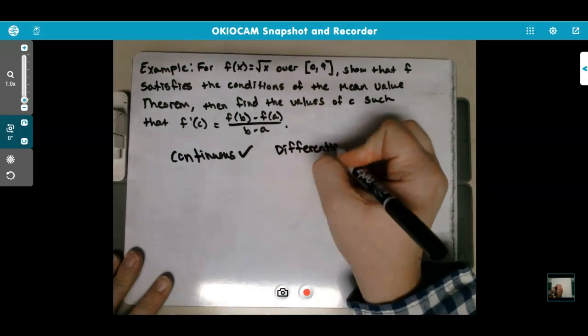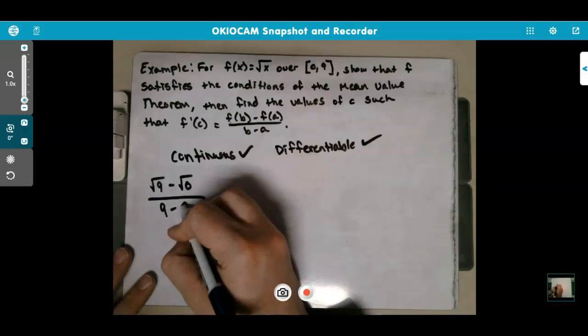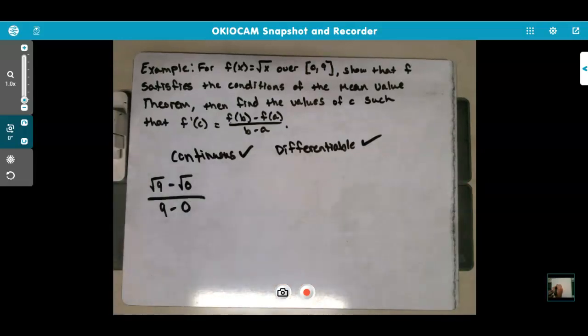So I know there has to be a point between 0 and 9 such that the derivative at that point is equal to the slope of the line from 0 to 9. So first, why don't we find what that slope is? So f of b means the square root of 9 minus f of a, so that's the square root of 0, over b, which is 9, minus a, which is 0.